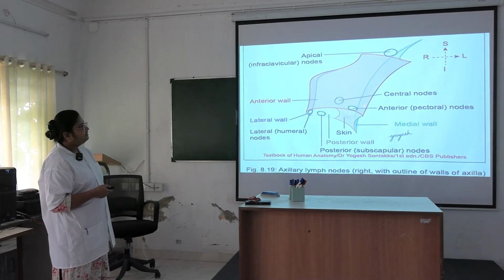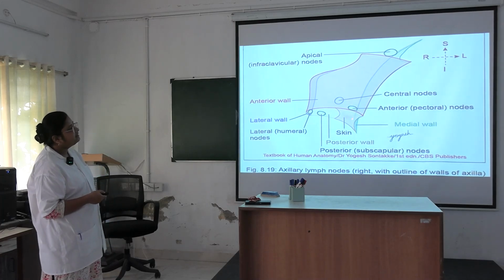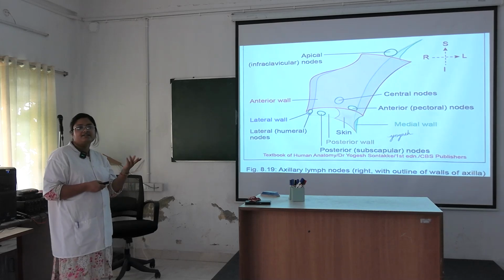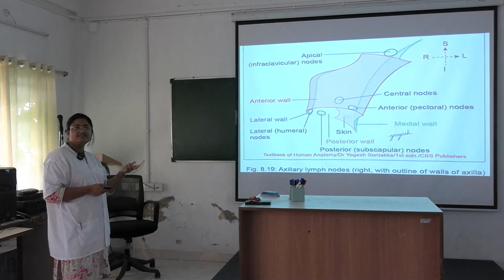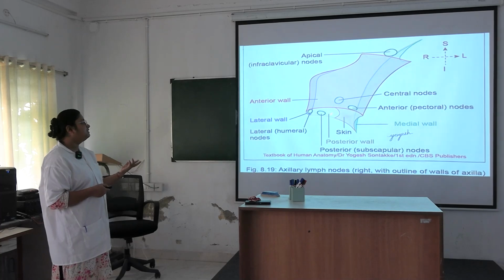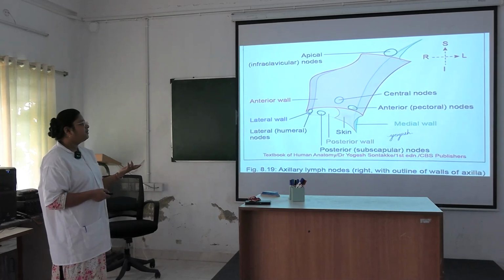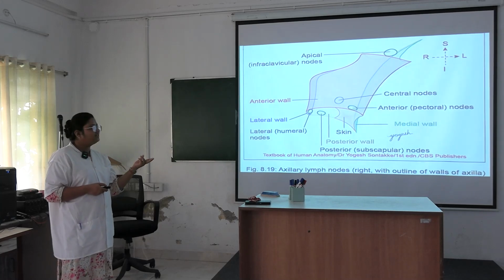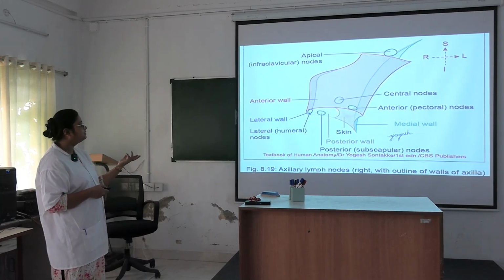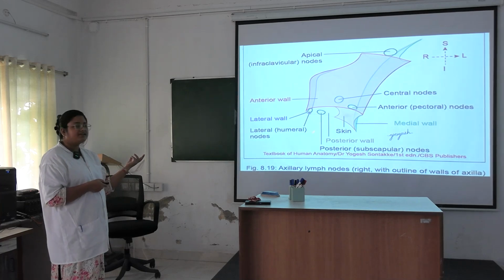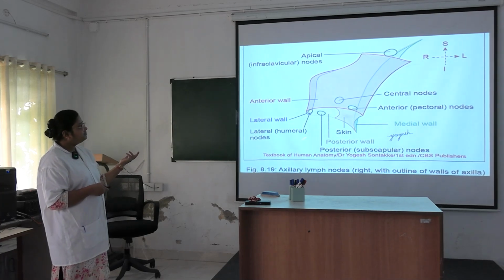See here, the anterior group lies in the anterior wall, also known as pectoral nodes. In the anterior wall we have the pectoral muscles, so these are also known as pectoral nodes. Posterior wall, here is the posterior or subscapular node. The subscapularis muscle forms the posterior wall, so this is also known as subscapular nodes. Lateral nodes lie along the bicipital groove of the humerus, that is why humeral nodes, okay.